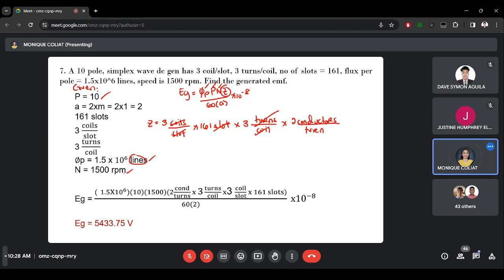So we have to cancel turns, and then we have here the number of conductors: 3 times 161 times 3 times 2.